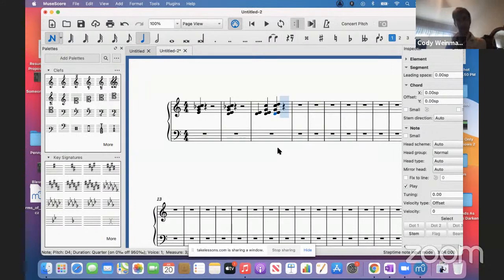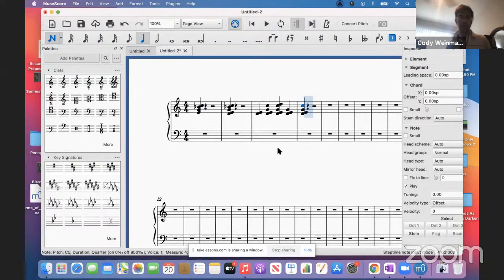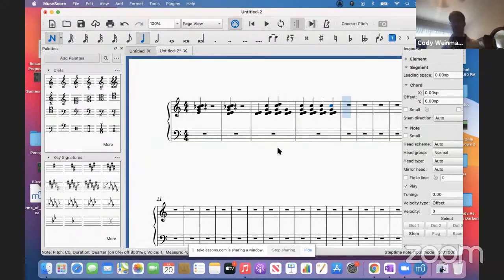D, E, and G. Yeah, it's still a ninth. It doesn't have the seventh in there, but it still has the nine. So you can keep the nine. You can get rid of a seven. And actually, this could be construed as a C7 add nine here, if you have that.